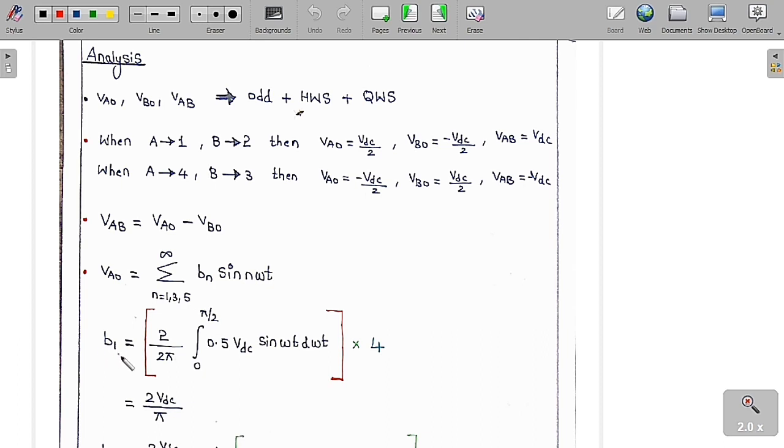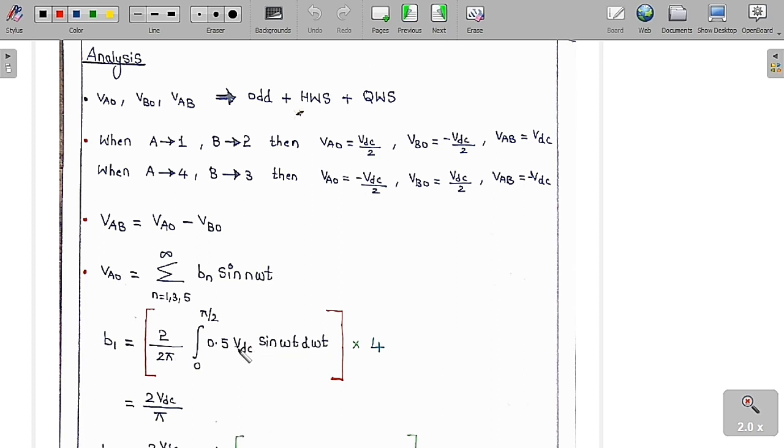If you want Bn, let me first find the value of B1. The general expression is Bn is equal to 2 by 2 pi, integration of 0 to 2 pi, f of theta into sin n theta into d theta.